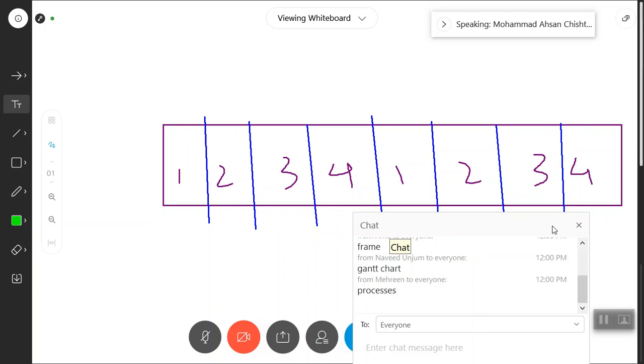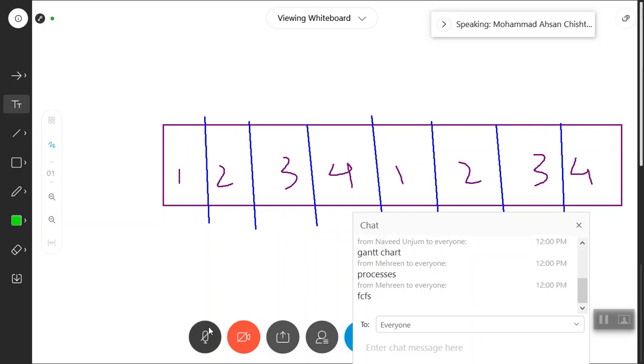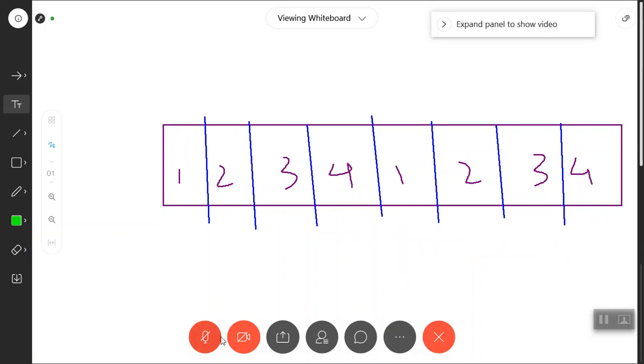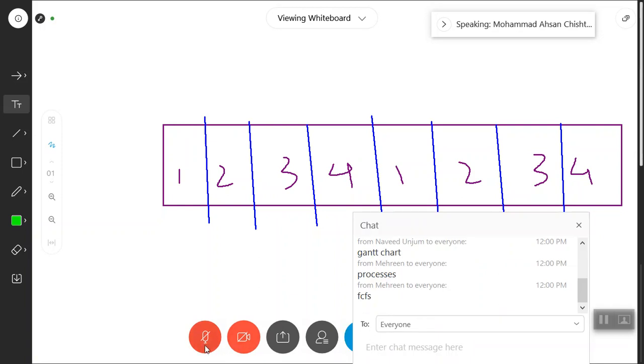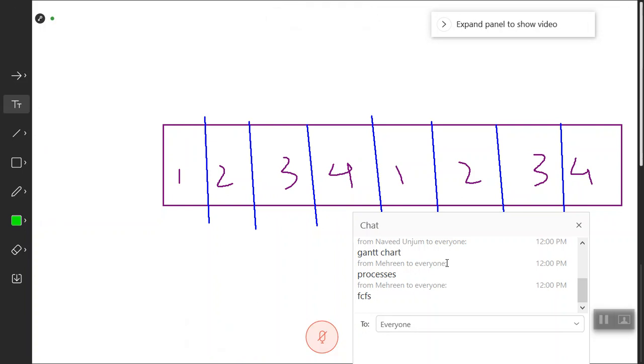No, it doesn't look like first come, first serve. It looks to me like round robin. 1, 2, 3, 4, 1, 2, 3, 4. And that reminds me, I have brought your papers back home, so hopefully by today I'll start marking them.